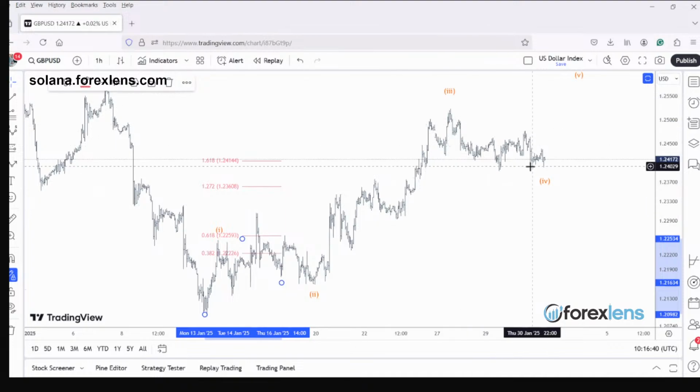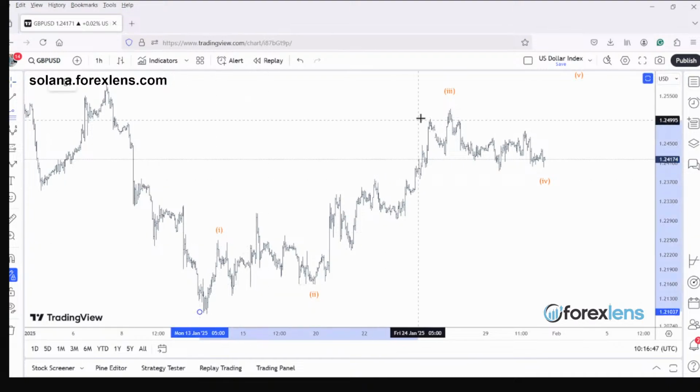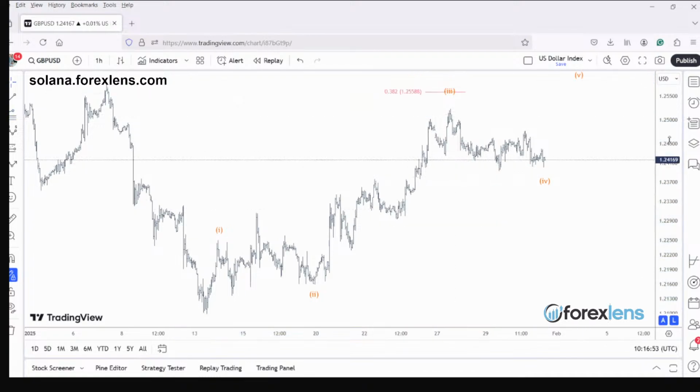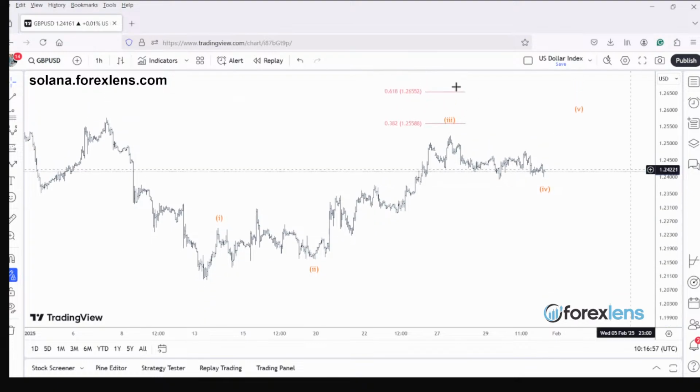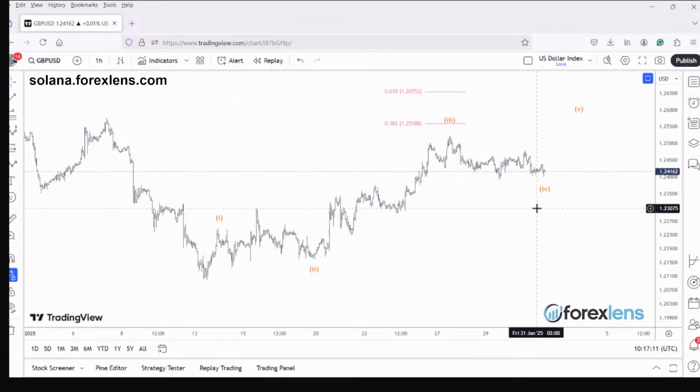So if this is wave four, then the fifth wave, the pound has got one more rally to go and print another high, just around 1.2655 something. And if the RSI is around 40 right now, or bounced from around 40, then it further confirms that it could be potential wave four as well.